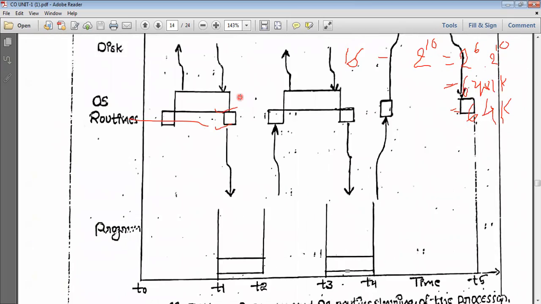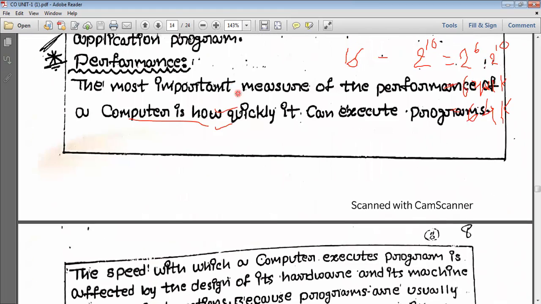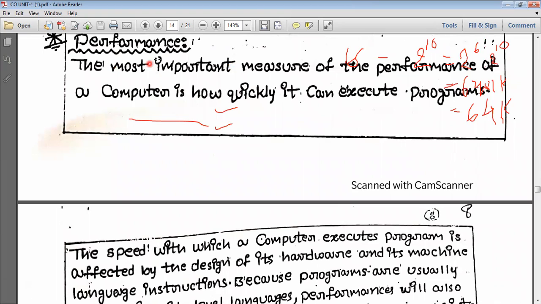Next topic is performance. In this first unit, after this performance, next are register transfer notation, assembly language notation, sequencing and branching, and basic instruction types. These will be discussed in the next class.